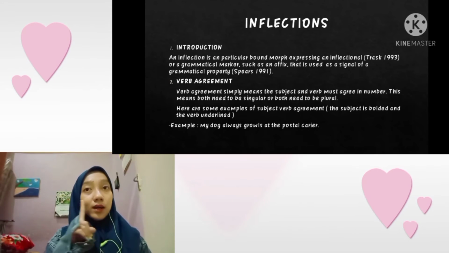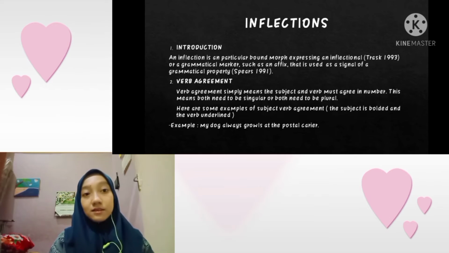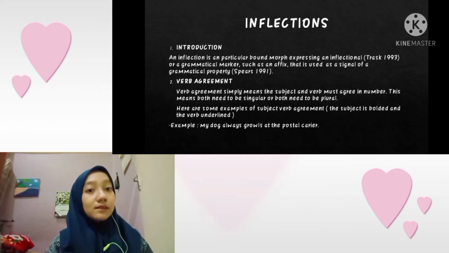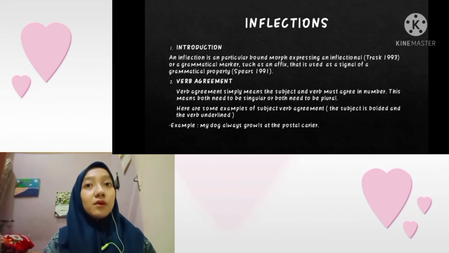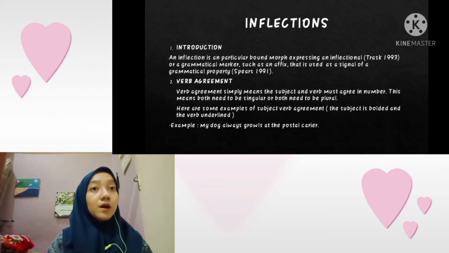Inflection. 1. Introduction. An inflection is a particular bound mark expressing an inflectional or a grammatical marker, such as an affix that is used as a signal of a grammatical property. 2. Verb agreement. Verb agreement simply means the subject and verb must agree in number.